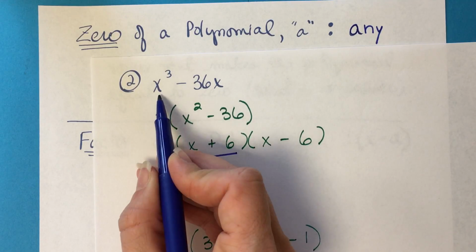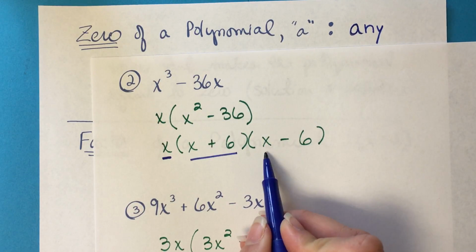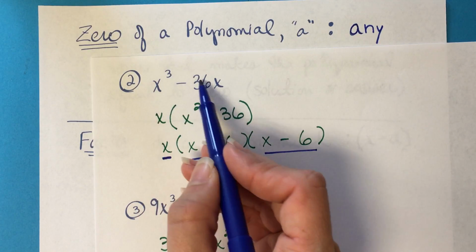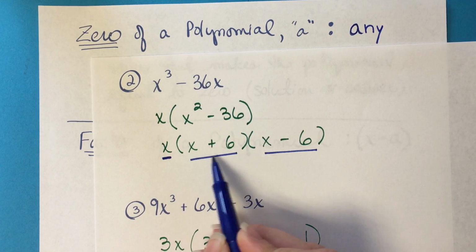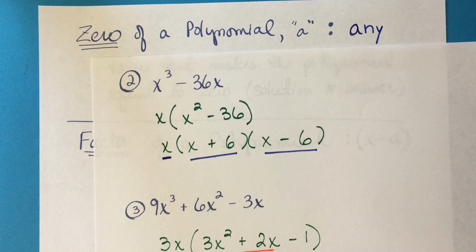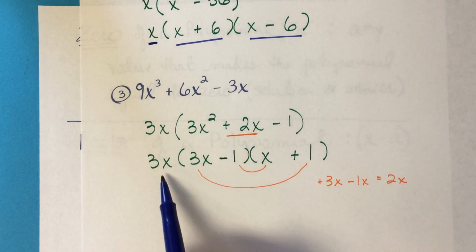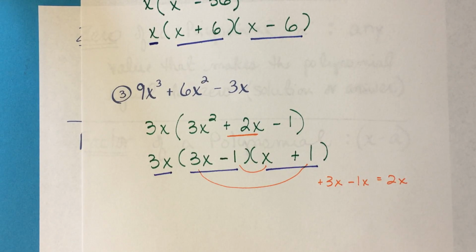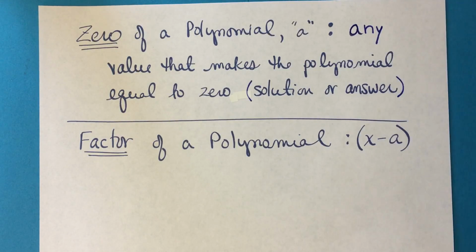X plus 6 is a factor of this polynomial, and x minus 6 is a factor. So this polynomial has 3 factors, okay? Same thing on this example. This is a factor, this is a factor, this is a factor, okay? So when you're asked to factor something, then you're finding its factors, okay?